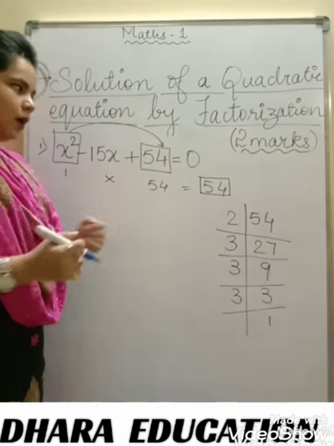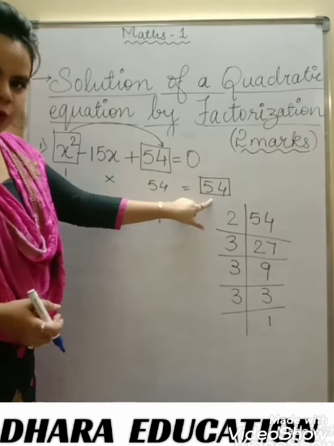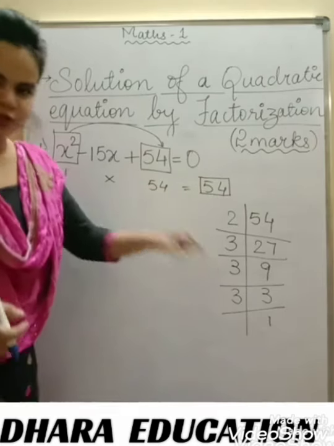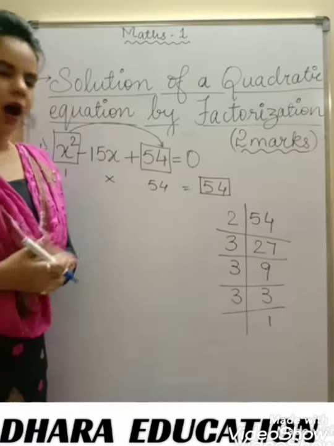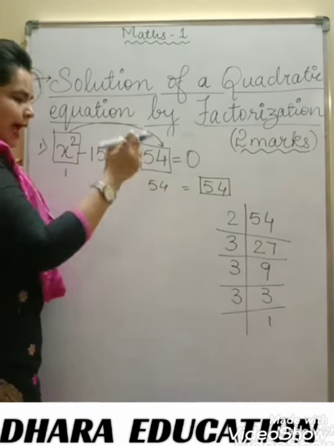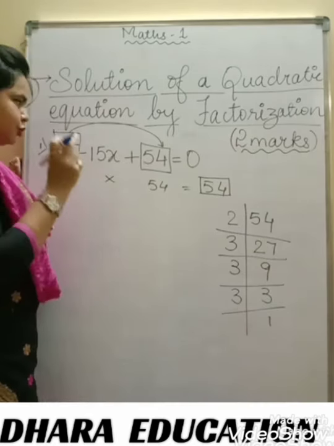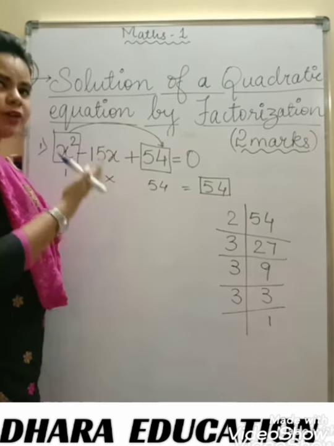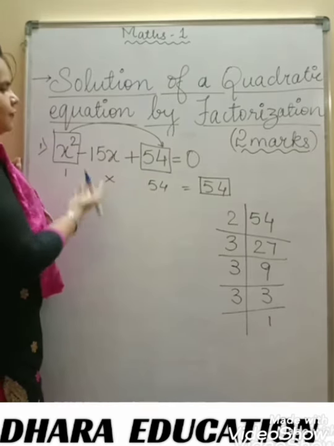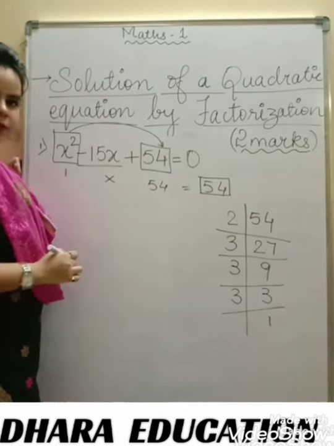So now the 54 should come from all those factors. The product should, when we add or subtract, give minus 15, that is minus 15x.